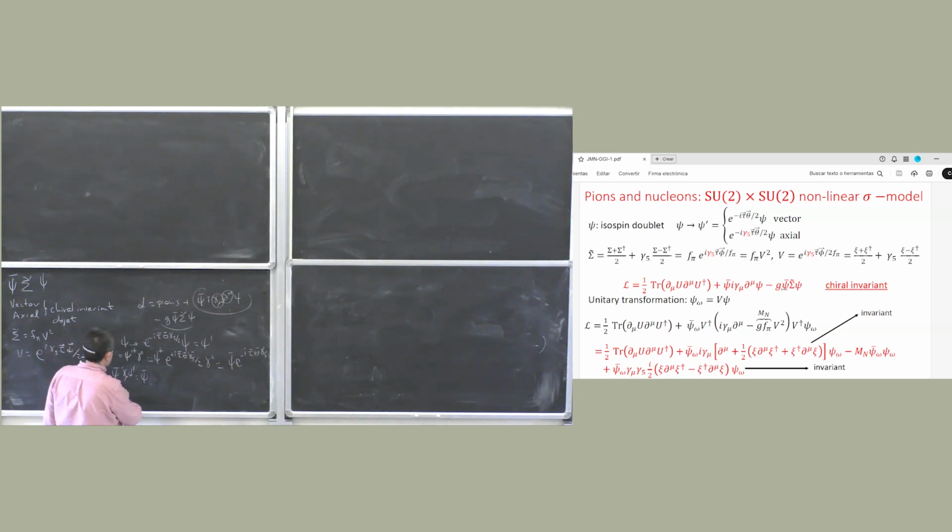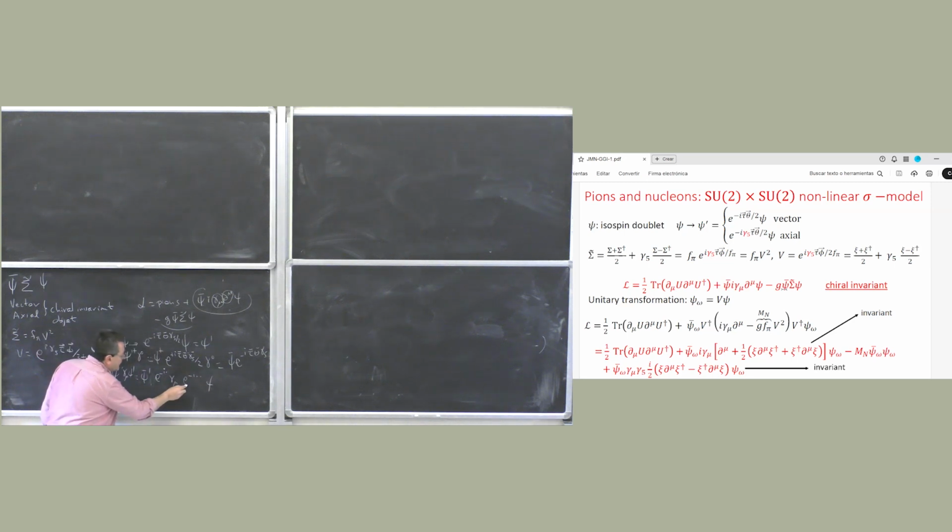So then you have psi bar prime, then you have this factor e to the minus I, then I have the gamma mu, and then psi also transforms with e to the minus. And I have psi.